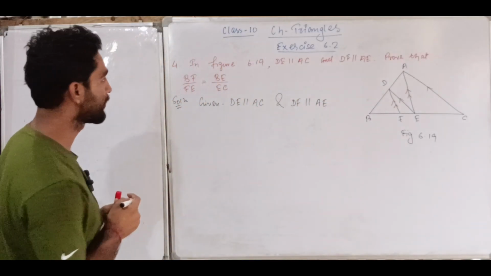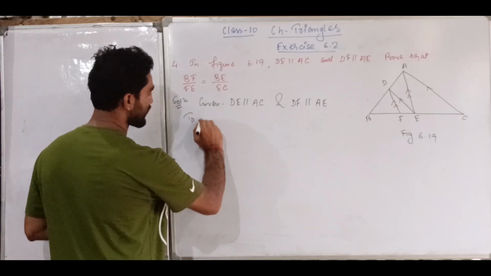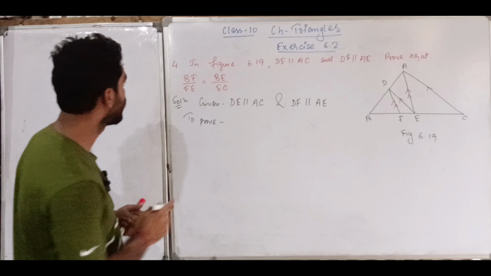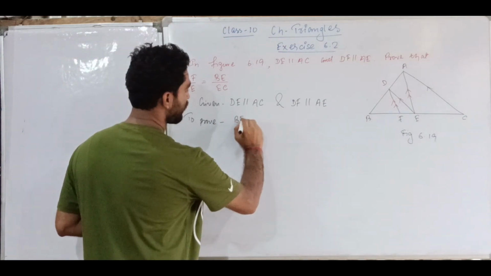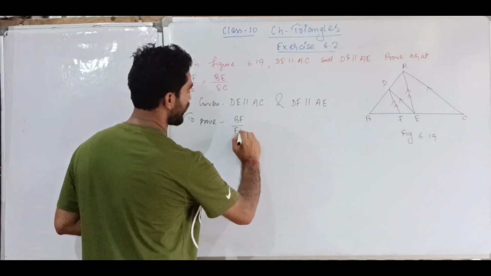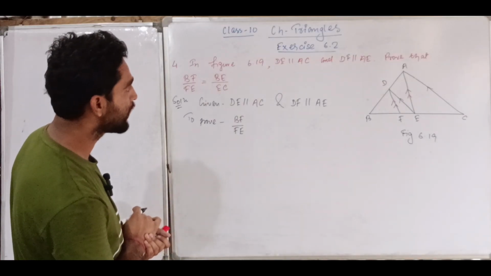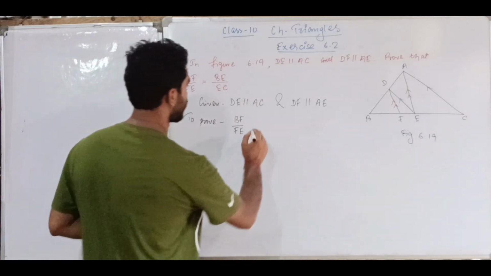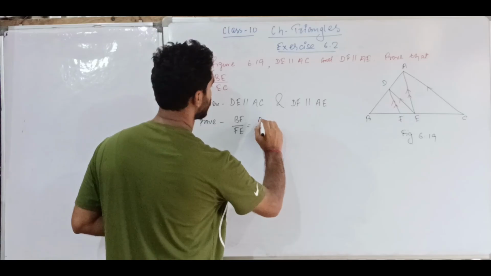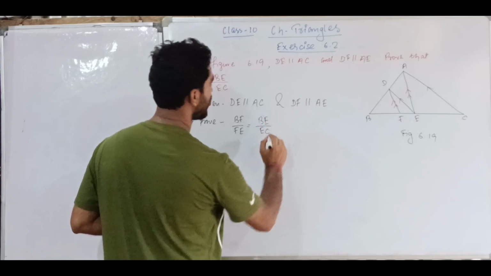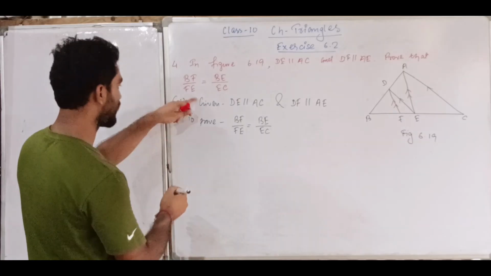After given, next is to prove. What do we have to prove? BF divided by FE is equal to BE divided by EC. So that is given and to prove.